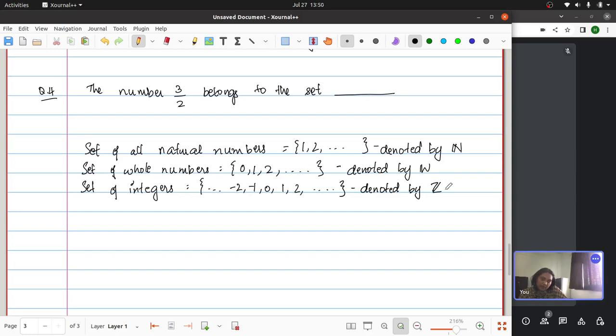This is denoted by Z. And finally we have the set of rational numbers, which are numbers of the form a by b such that a and b are integers.